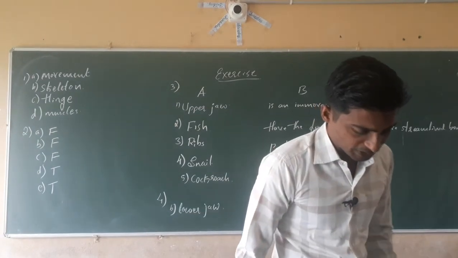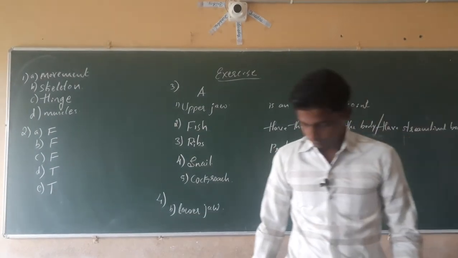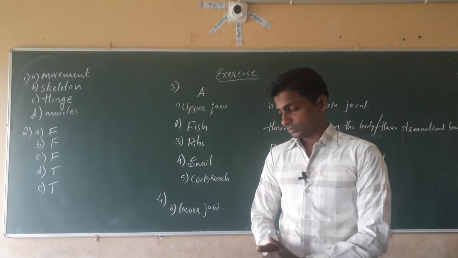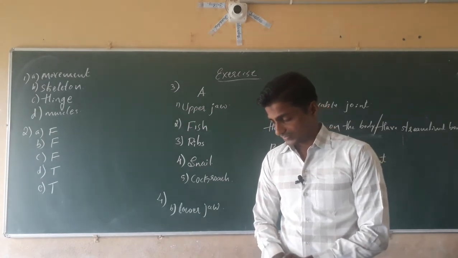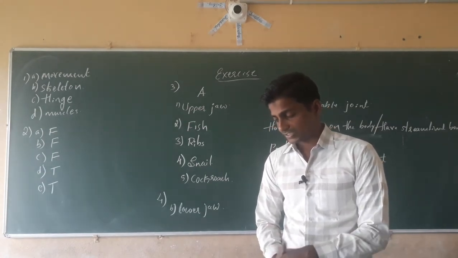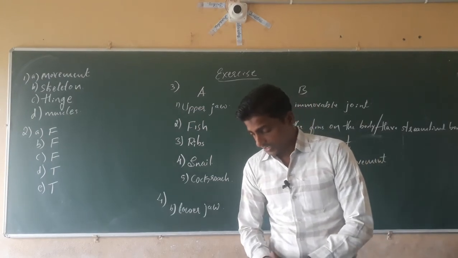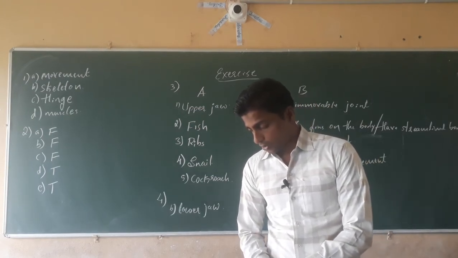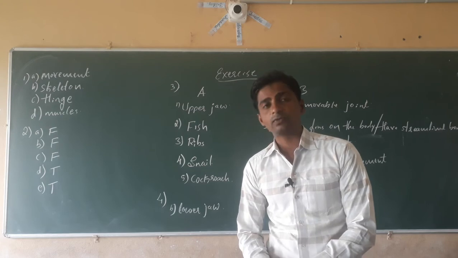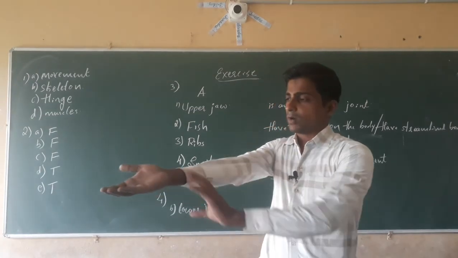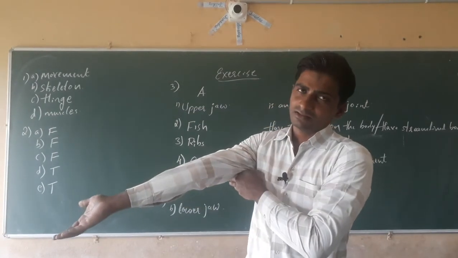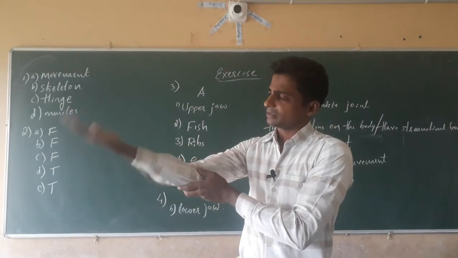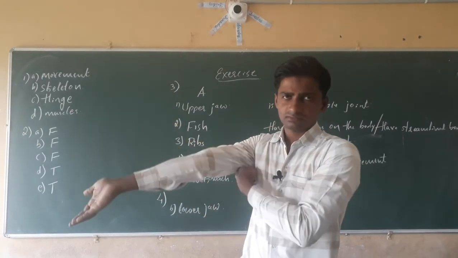I will send you one PDF also, screenshot. The next, dear students, the last question, why can our elbow not move backward? See, elbow is here. Why is it moving forward only, but not backward?